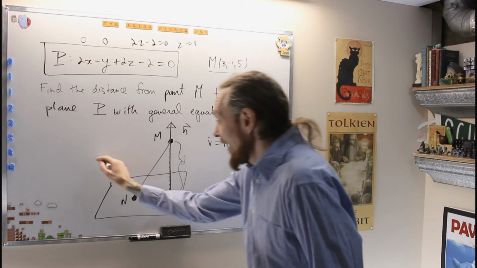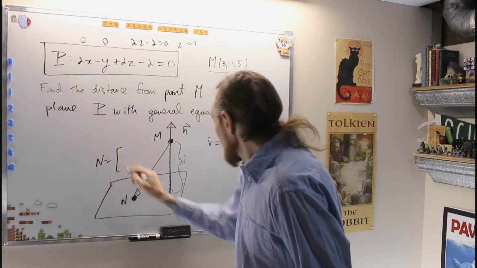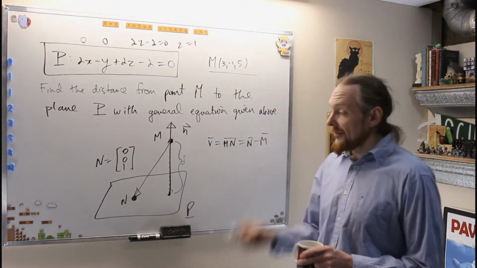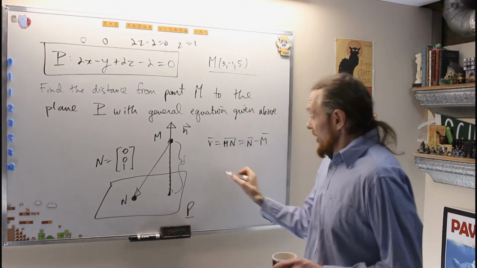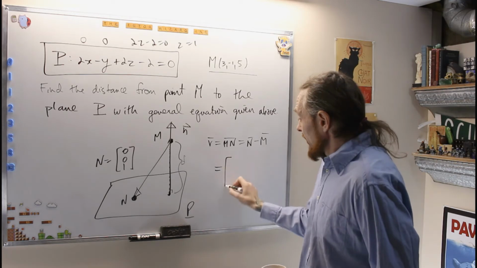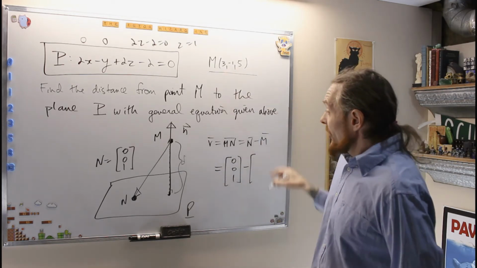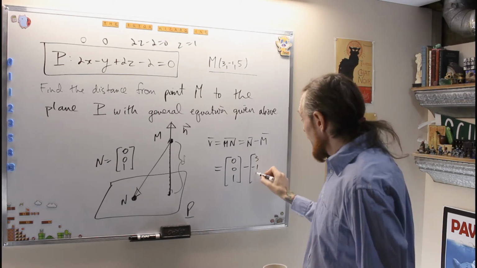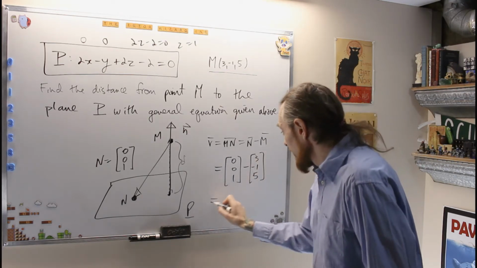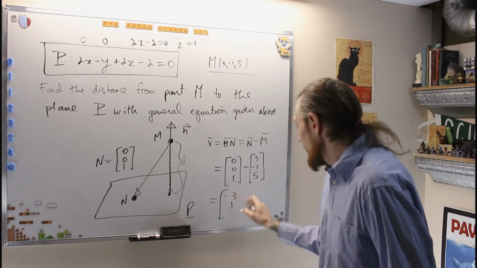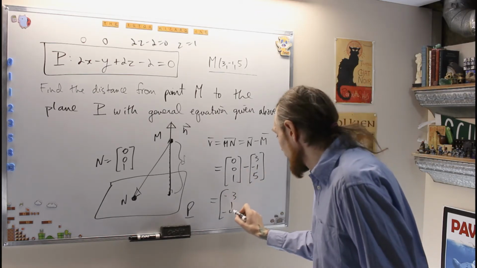So we get the point N, which is the point 0, 0, 1, who happens to be the vector k. Either way, this is equal to 0, 0, 1 minus M, which we have, which is 3, negative 1, 5, which is equal to negative 3, positive 1, and negative 4.